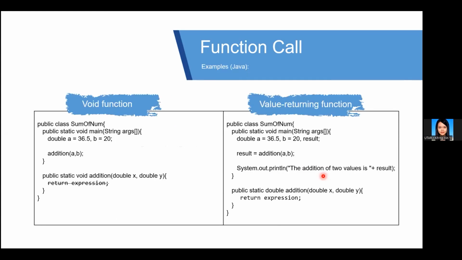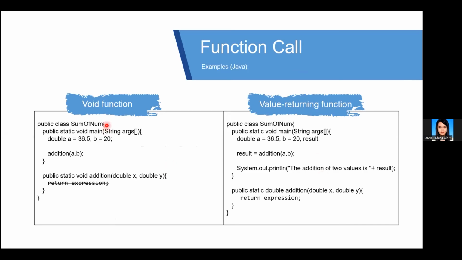So just now I discussed function calls by using C++ as the example. I have also provided the examples in a Java version, so you can refer to it if you want to learn more or want to know how it is done in Java. Actually, the concept is the same.